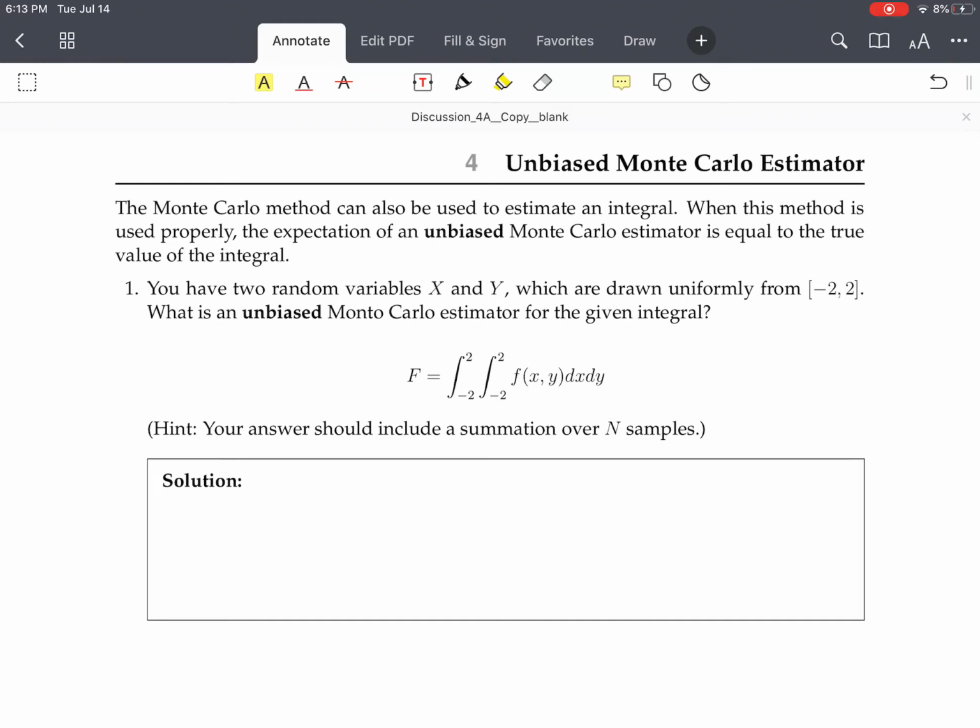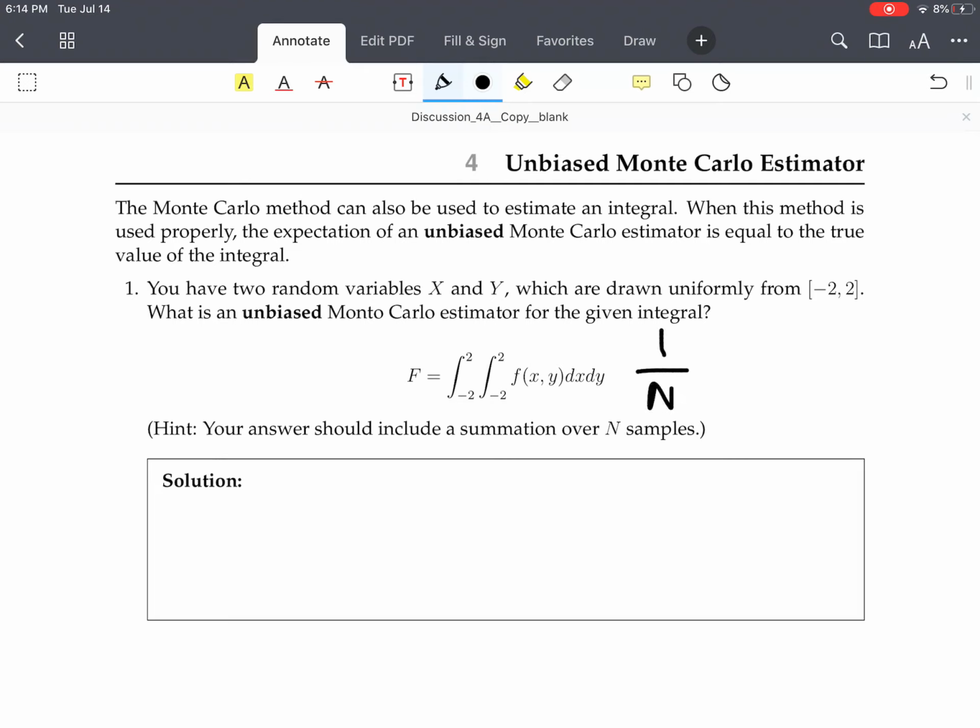Okay, so let's look at the first problem. You have two random variables, x and y, which are drawn uniformly from -2 to 2. What is an unbiased Monte Carlo estimator for the given integral? The general setup for an unbiased Monte Carlo estimator, and the hint says your answer should include a summation over n samples, is going to look something like this.